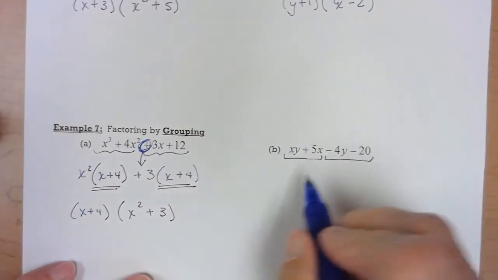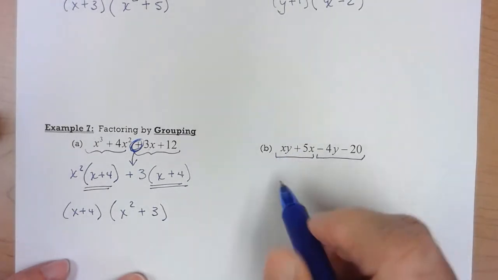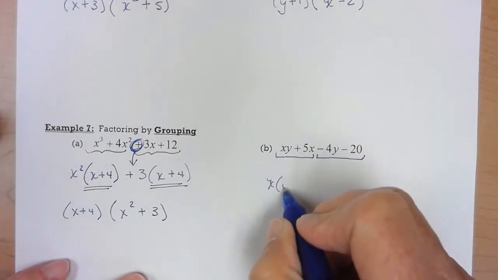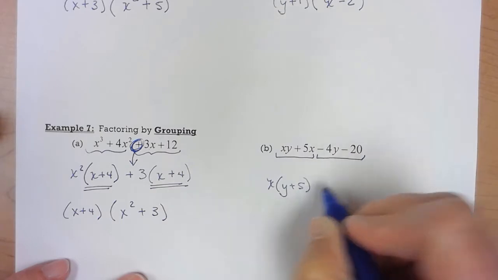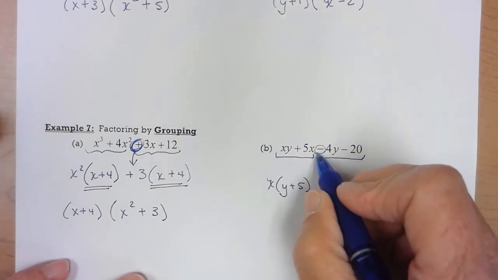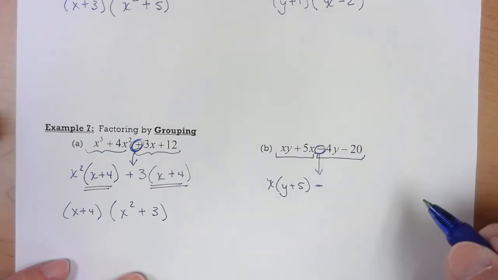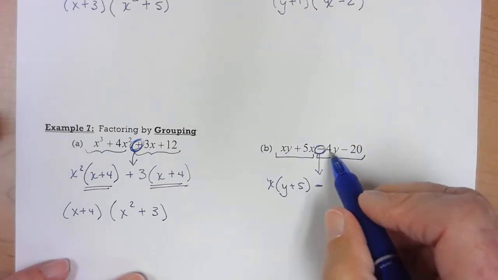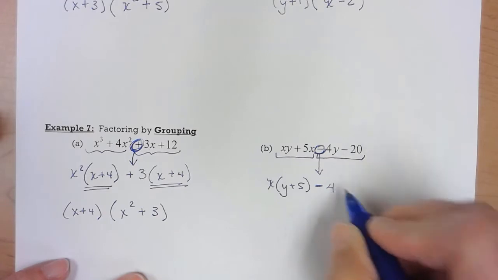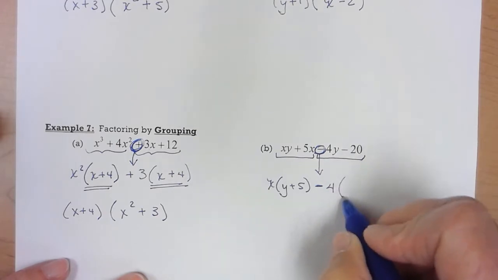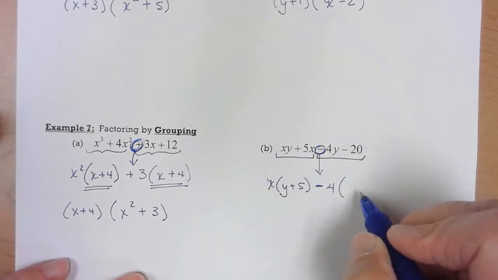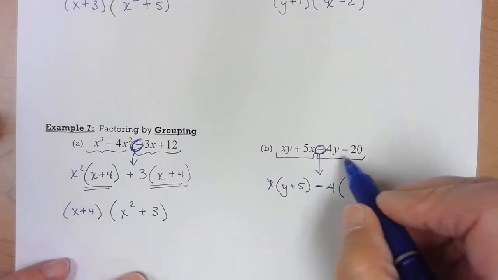This one, first group, I see I've got an x in common. I said that whatever sign leads off that second group is a sign that's going to be factored out. So I'm going to be factoring out a negative, looks like a 4. Be careful here, since I'm factoring out a negative 4, what's going to happen in here is these signs are going to change.